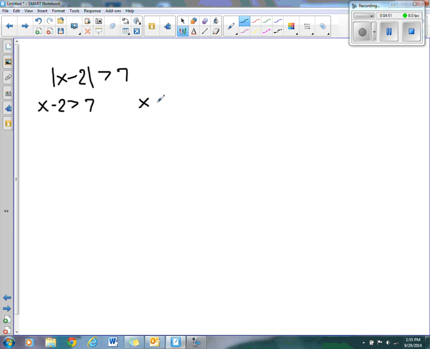Then when I go to write my other piece, I keep my x minus 2, I flip the sign, greater than becomes less than, and 7 becomes negative 7. Those are the two inequalities that we're going to solve for x.